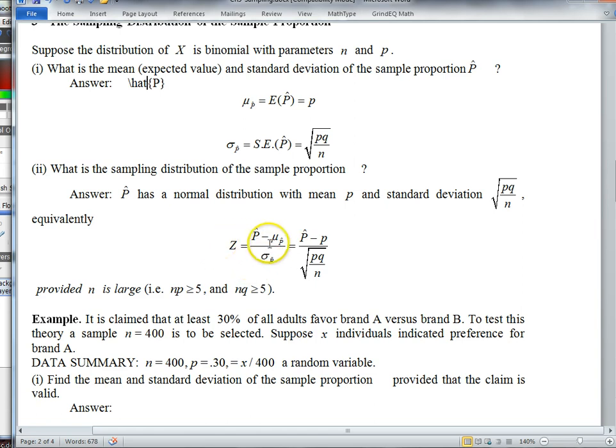Because the mean of p hat is p, the standard deviation of p hat is the square root of pq over n, and I have to be careful to use that as my standard deviation, provided n is large. What does n large mean here? The same condition we had for the normal approximation: np greater than or equal to 5 and nq greater than or equal to 5. Remember, q is 1 minus p. Okay. So let's look at this quick example here.